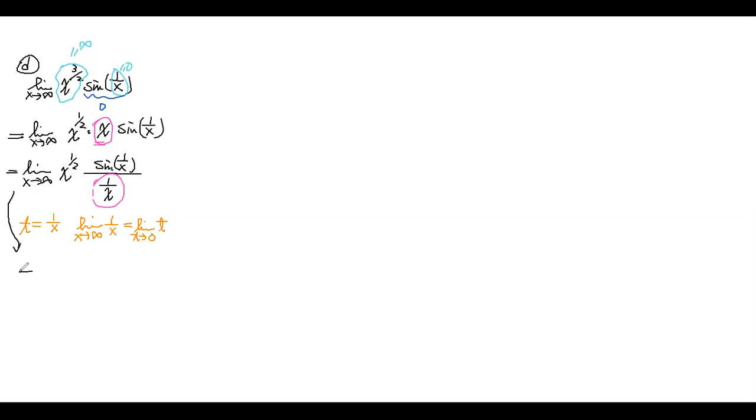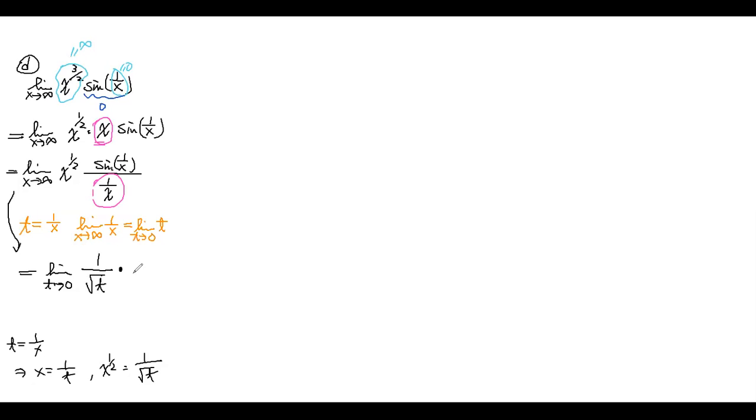For x to the 1/2: t equals 1/x, so x equals 1/t, so x to the 1/2 is 1 over the square root of t. So I can change this to 1 over the square root of t here.